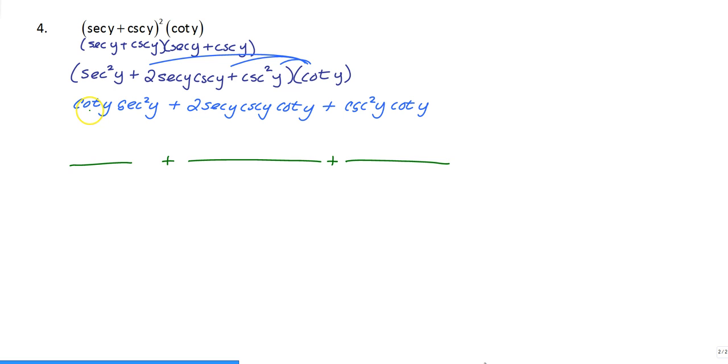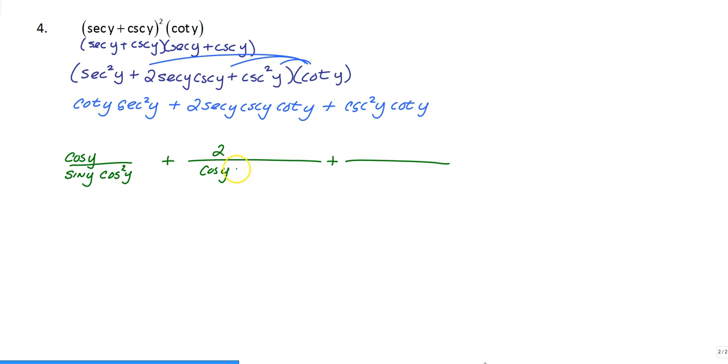So cotangent y is cosine y over sine y, because cotangent is cosine over sine. Secant squared y just goes down to the bottom as cosine squared y. Next fraction, we have 2 on top. Secant y becomes cosine y in the denominator.